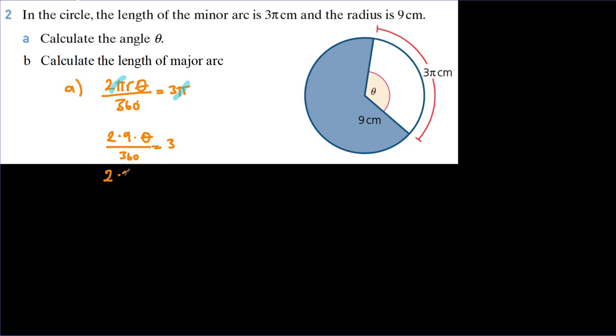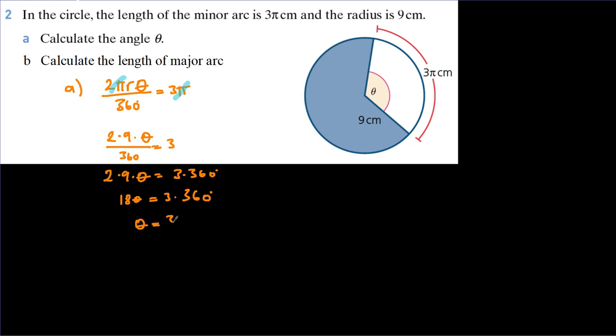And then 2 times 9 times theta is equal to 3 times 360, and 18 theta is equal to 3 times 360. I don't want to multiply because I'm going to simplify them now.